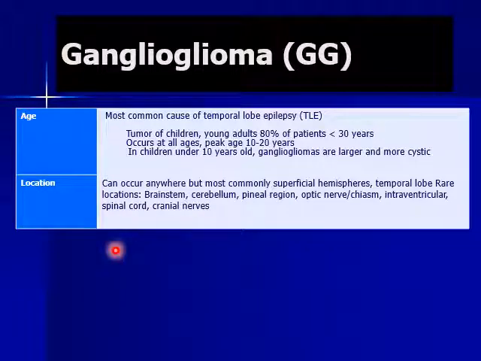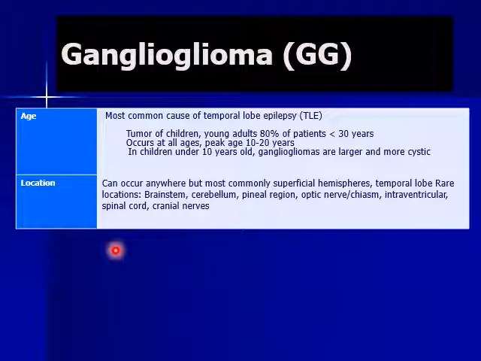The second tumor is a famous one called Ganglioglioma. Ganglioglioma is the most common cause of temporal lobe epilepsy. It is a tumor of children and young adults, in age less than 30 years. It occurs at all ages, but the peak is between 10 and 20.